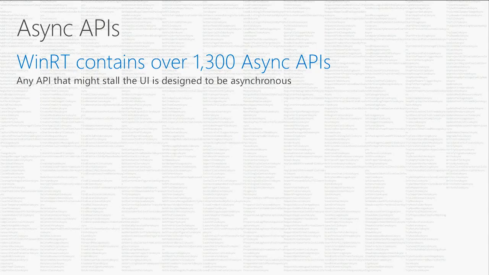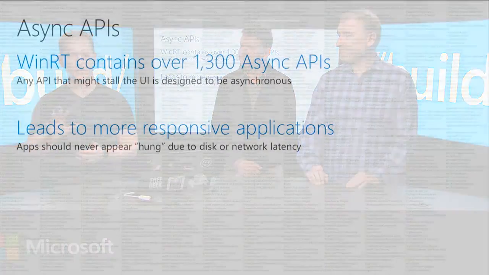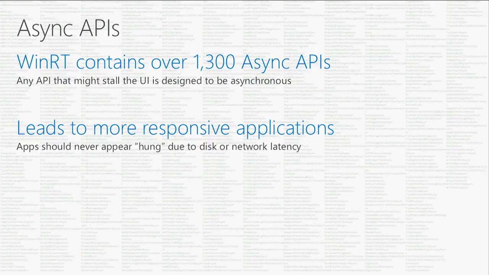The user can still scroll or still see your spinning wheel saying you've got progress. The benefit for our end customers is more responsive applications. A Universal Windows app is not going to become ghosted like a classic Windows app because the UI thread is hung, because all the hard work is being done on a background thread.